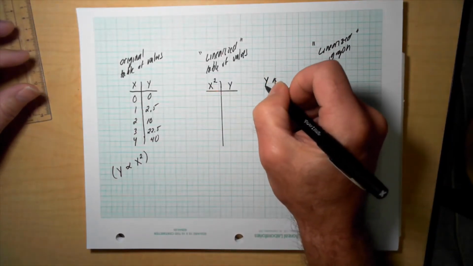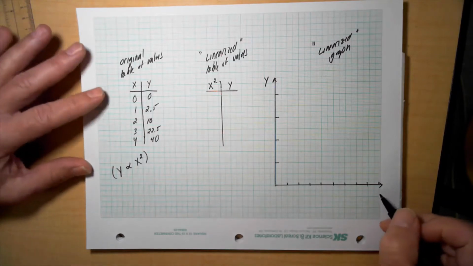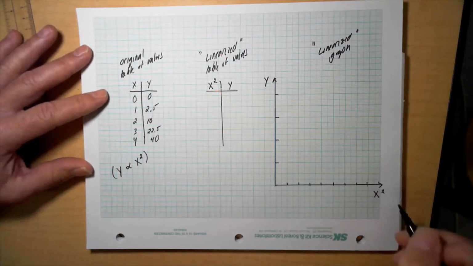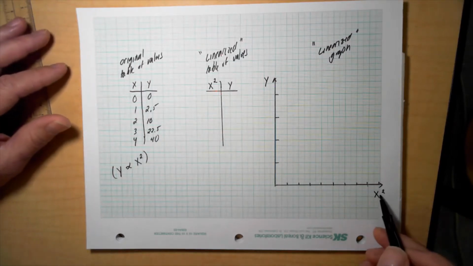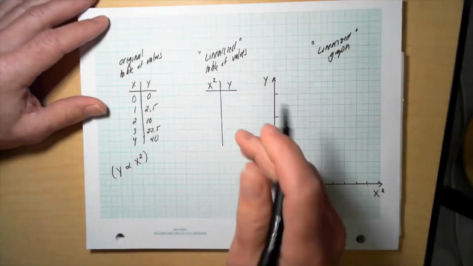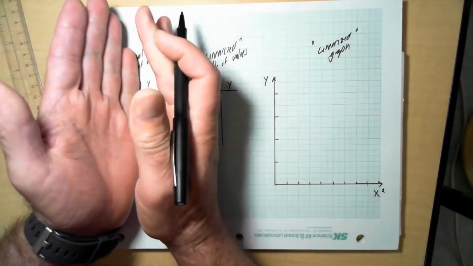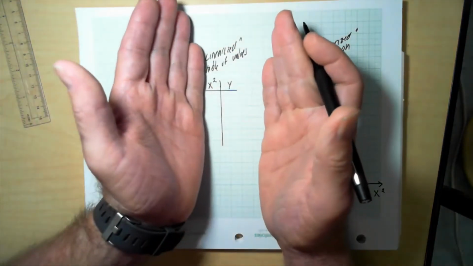On our graph, our dependent variable is y, and our independent variable is x squared. Yes, you can put x squared here. It is legal. No one will come to arrest you. The math police said, I've checked it, it's totally fine. So your y column is going to be exactly the same.